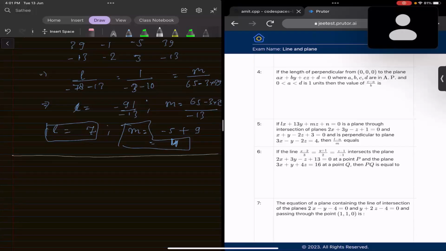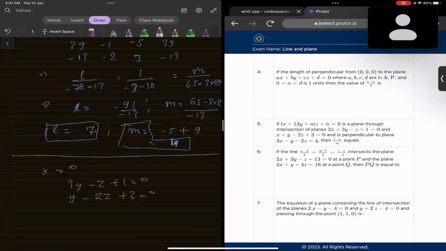So we can assume any general point here. For instance, suppose x is equal to 0. Then our expressions become 3y minus z plus 1 equal to 0, and y minus 2z plus 3 equal to 0.